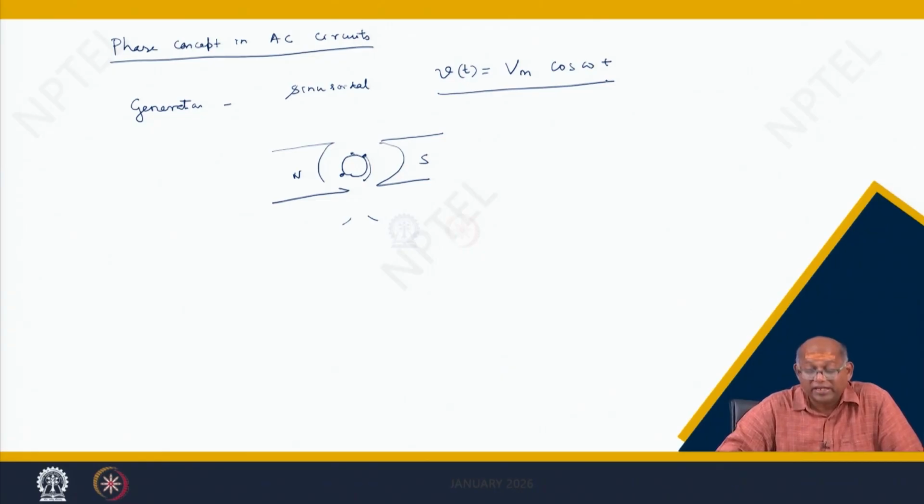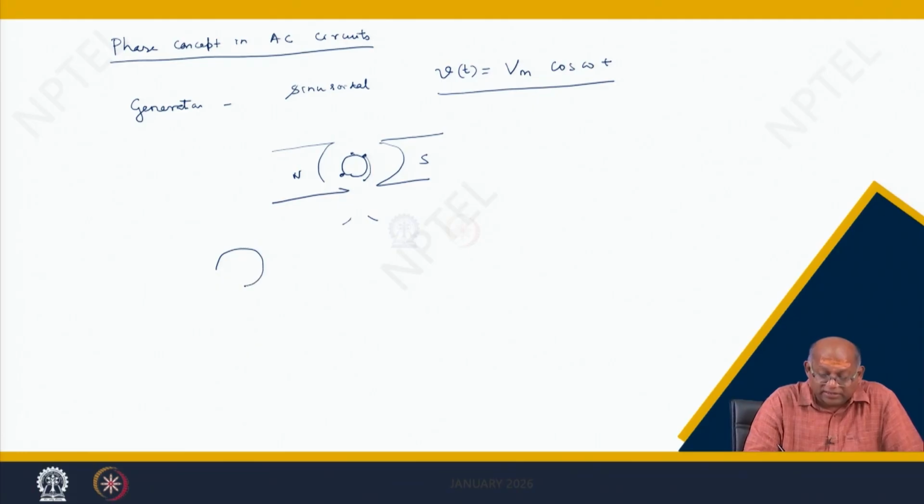So, when the voltage generated is sinusoidal, you will find in a RLC circuit the current will also be sinusoidal. Let us see. So, if I put a RLC circuit, this voltage is sinusoid, I put plus minus. So, this is resistance, this is inductance, and this is capacitance.